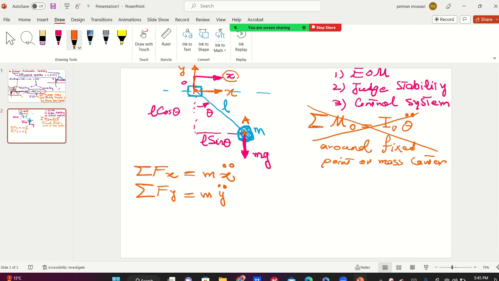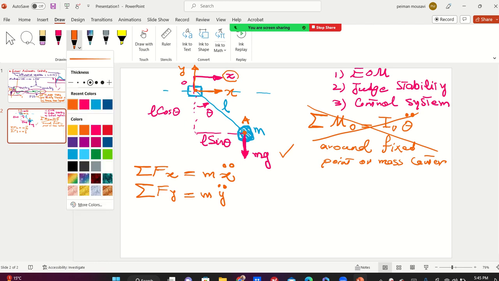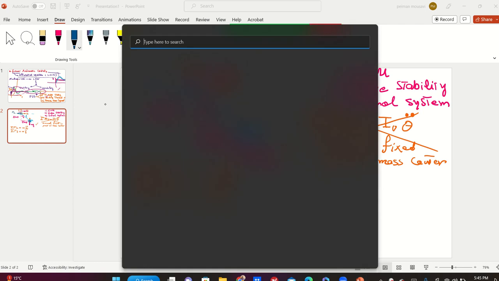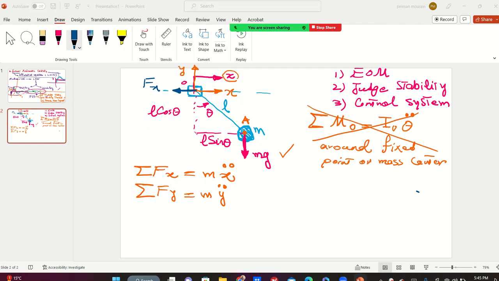By saying that, we have to know all the forces. One of the forces is mg. Another is the reaction force on the support, so Fx and, sorry guys, Fy here. That's right.